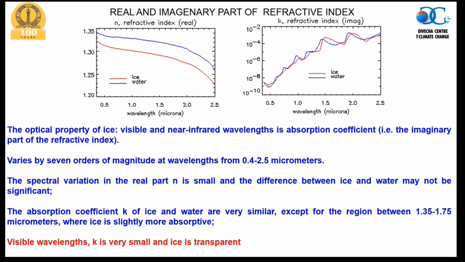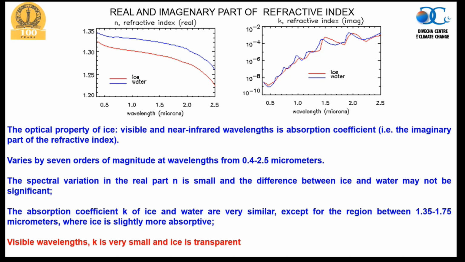Because ice is transparent and K, the absorption coefficient, is very small, it doesn't absorb any incoming solar radiation, and the radiation passes through as if transparent. So why is it white?